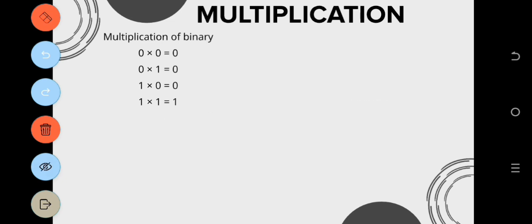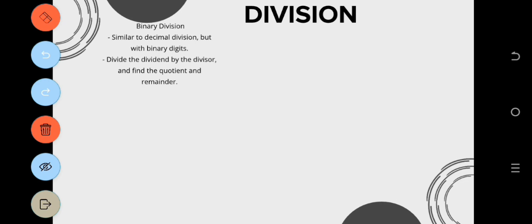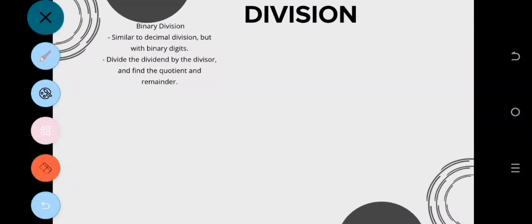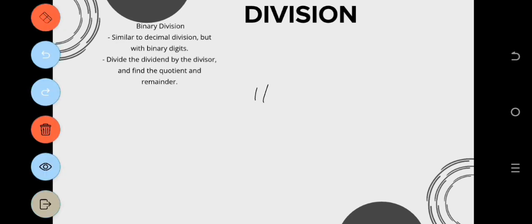Division. So division is kinda hard for me, but I will try. Let's try to compute 1, 1, 1 divided by 1, 1, 0. We cannot divide 1, 1 by 1, so let's take these two.